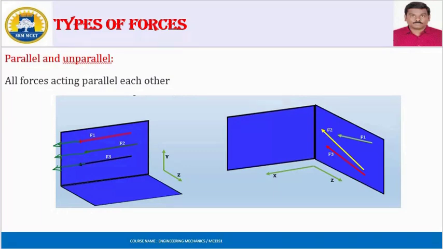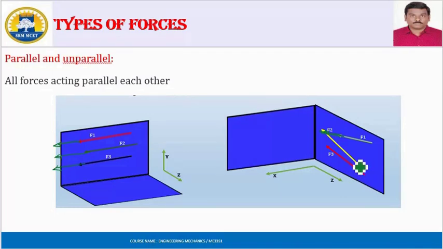Unparalleled forces means the opposite of parallel forces. See here, if I extend the F1 force, it intersects here and meets the F2 force. So it is called unparalleled forces.